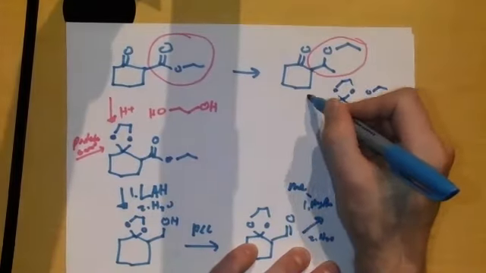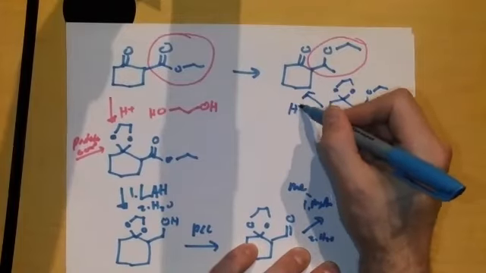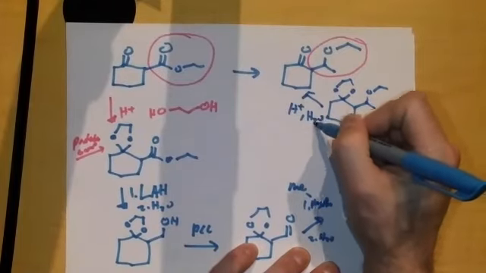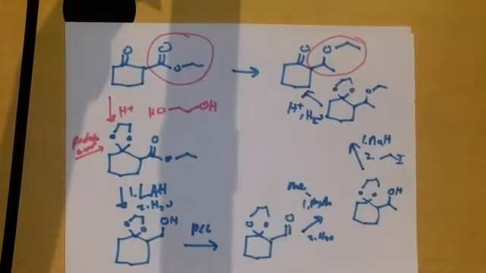That gets us to the protected version of this, and we can throw in H plus and H2O, which will remove this protecting group here. So you're doing a lot of the reactions you guys have already done. You're just throwing in a way to protect aldehydes and ketones as opposed to alcohols, which we already knew about. I'm going to give you guys a little bit of time to write all that down.